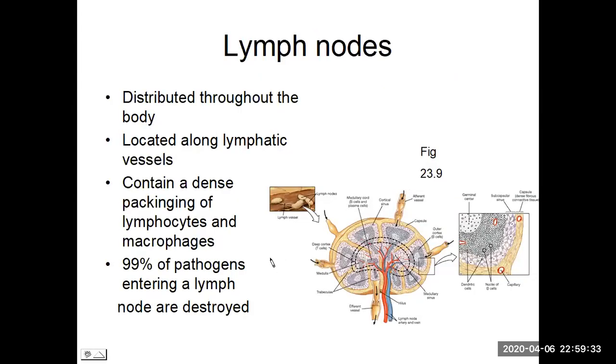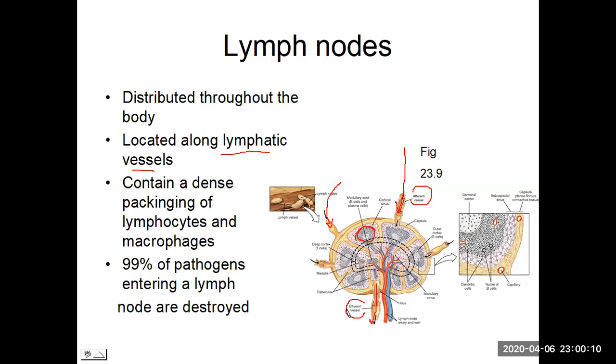Lymph nodes. Once again, lymph nodes have a collection of lymphatic nodules. It appears here as these dark rings. So a lymph node itself is connected to the various lymphatic vessels. And the purpose is the lymphatic vessels are delivering lymph into a node. And you can notice there are multiple lymphatic vessels, known as afferent vessels, delivering lymph into the node, and then just a single lymphatic vessel carrying the lymph out.